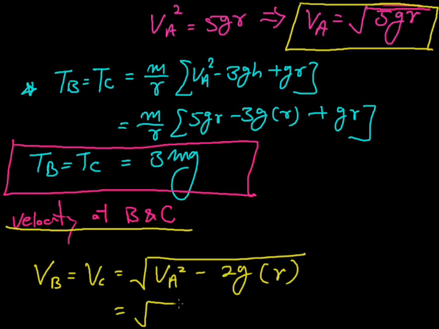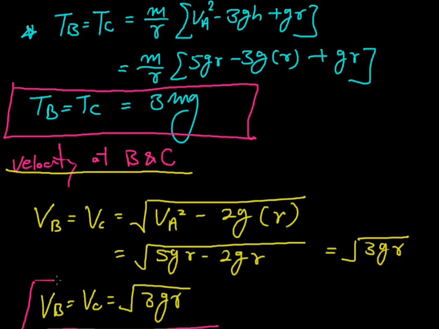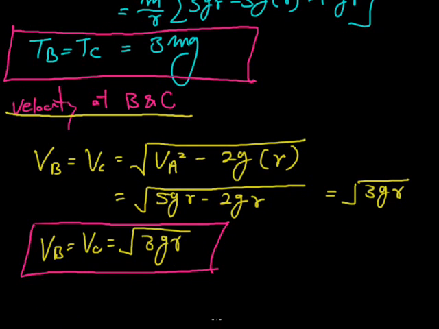It is 5gr minus 2gr, that is root 3gr. VB is equal to VC is equal to root 3gr. In critical situation, velocity at B and C will be root 3gr and tension is 3 mg.